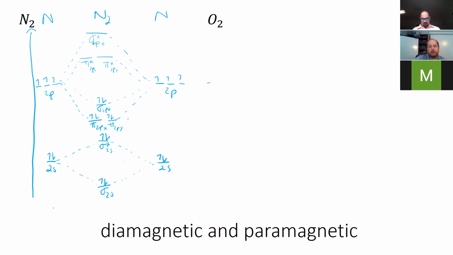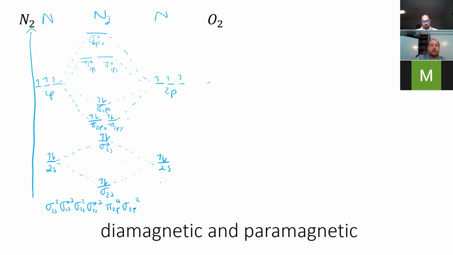And we can construct our molecular electron configuration: sigma 1s2, sigma 1s star 2, sigma 2s 2, sigma star 2s 2, pi 2p 4, and sigma 2p 2.